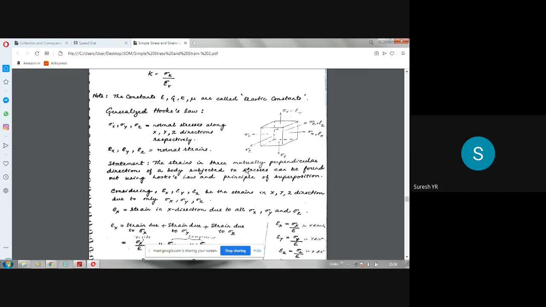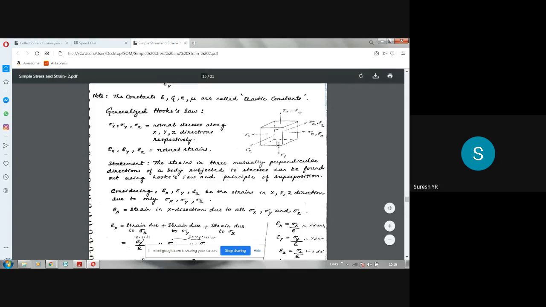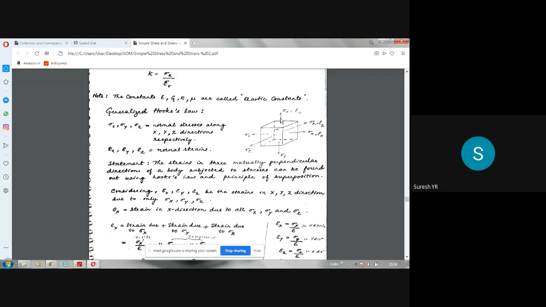Suppose instead of tensile, they give compressive. If they give compressive, it will be negative in that direction because the length will reduce, and positive in the other two directions. In the other two directions, the material elongates. So please keep that in mind. If they give tensile stress or tensile force, material elongates in that direction, and in the other two directions it compresses.